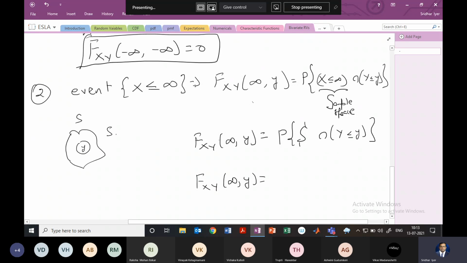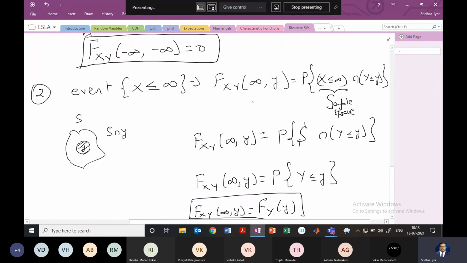So an intersection of S with y will just be this part y here, right? Therefore, what we'll get out of here is nothing but probability of y less than or equal to y, right? Therefore, Fxy of infinity comma y is just going to be the CDF Fy of y, right?